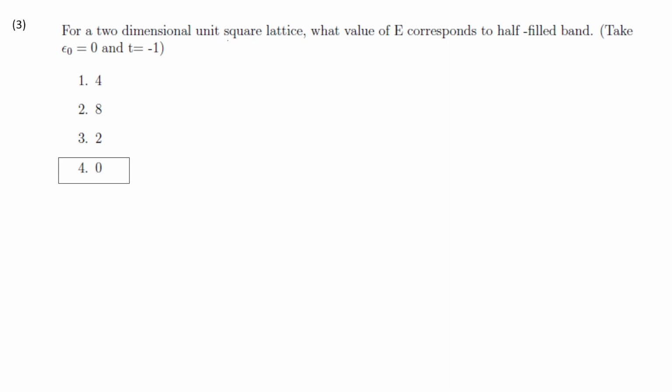For a two-dimensional unit square lattice, what is the value of A that corresponds to half filled band? And we have to take epsilon naught equal to 0 and t equal to minus 1. So for a two-dimensional unit square lattice, we have to first look at what is the energy dispersion relation.